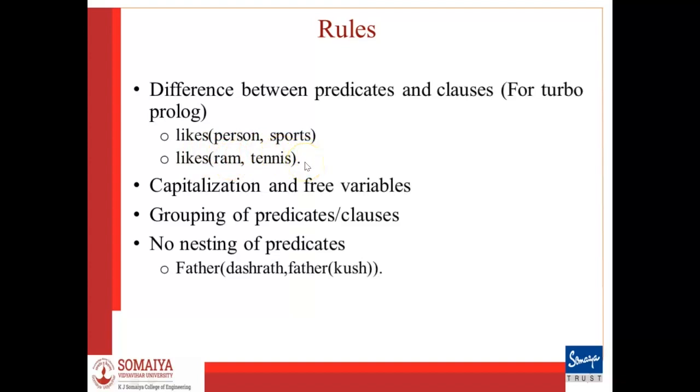Again, this is optional for Swi-Prolog. We'll see in the further slides the rules about capitalization and free variables which we have already discussed. Then grouping of the predicates and clauses, and in case somebody would nest the predicates, the nesting of the predicates is discouraged in Prolog programs.